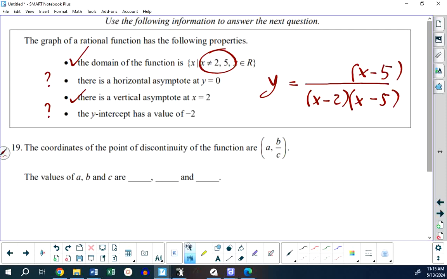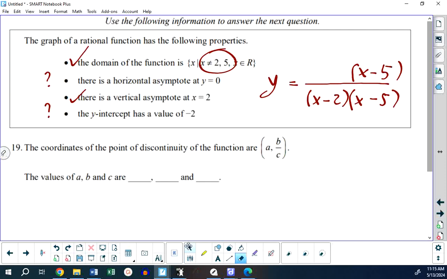And now we can check a couple of things. We can check, would this give a horizontal asymptote at 0? Yes, because the degree on the top, we just have a linear factor, so that's degree 1. The degree on the bottom, we have 2 linear factors, which makes it quadratic, that's degree 2. That's fine, we've got that now.